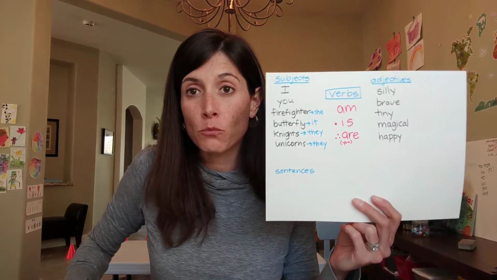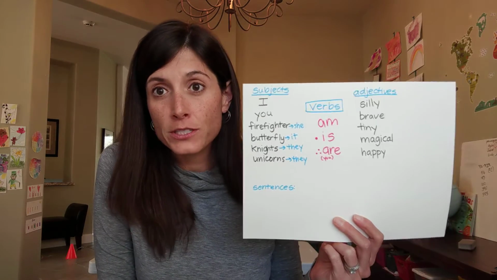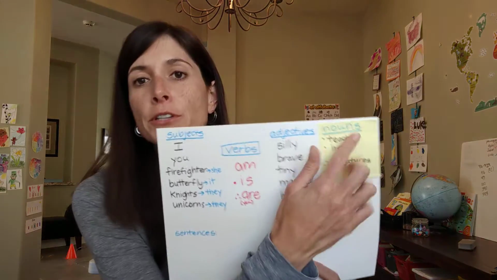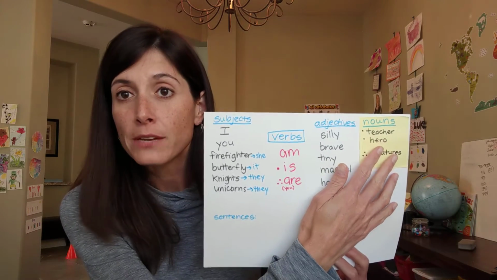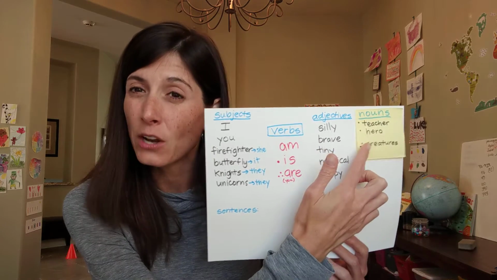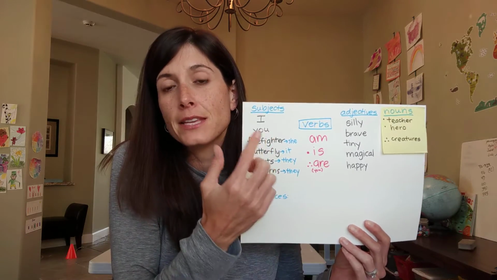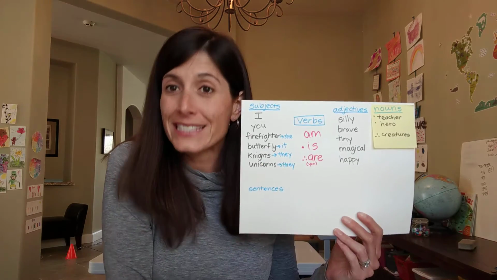Okay, so I'm going to stop right here, and if you happen to be in an upper grade or just ready for a new challenge, your job is to add nouns after your adjectives. So to be verbs can connect nouns to adjectives, but they can also connect them to other nouns. For example, I could say, I am a teacher, right?